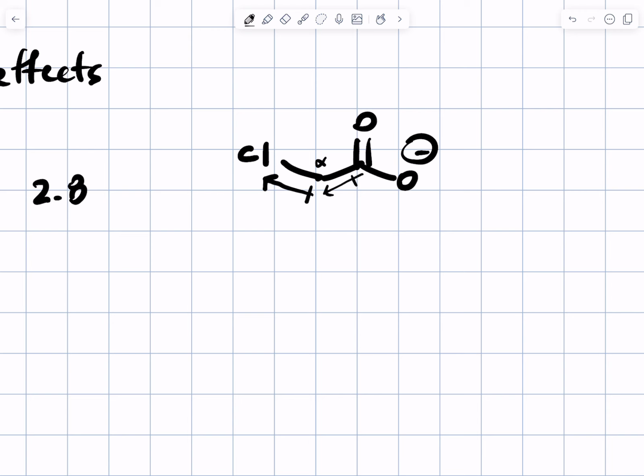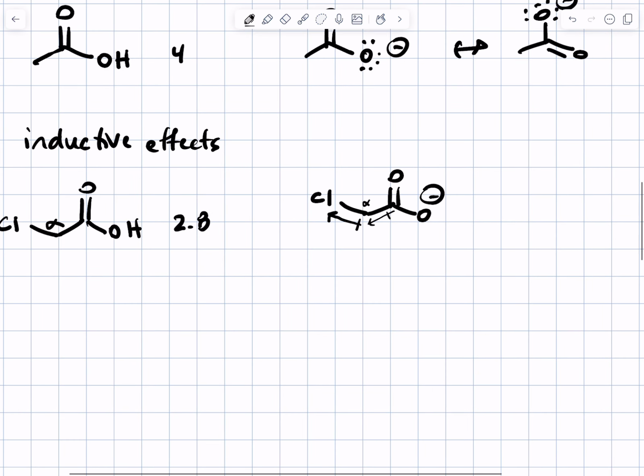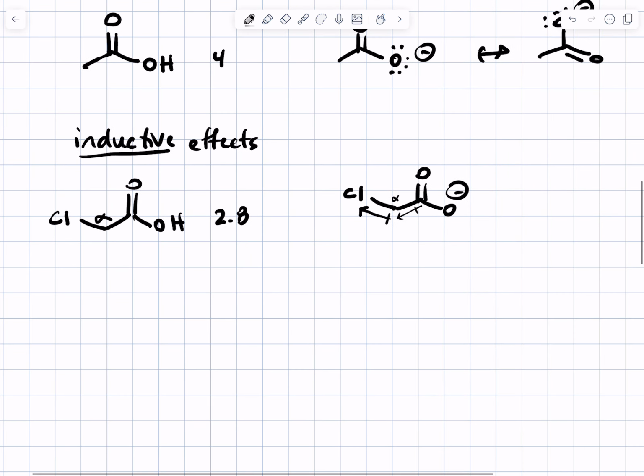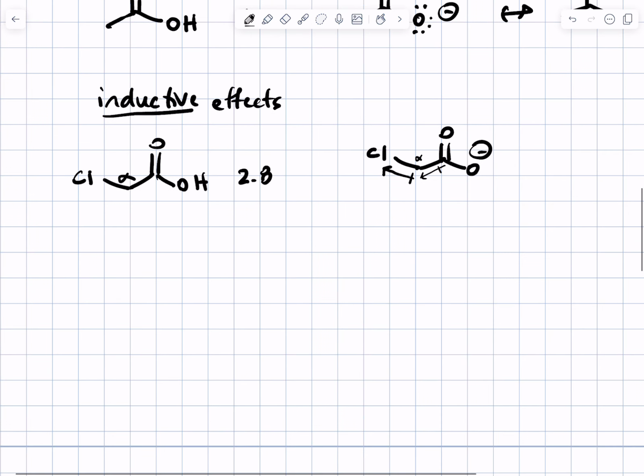This sort of tug of war of electrons in sigma bonds due to electronegativity differences is called an inductive effect. And that can increase the acidity of a carboxylic acid.